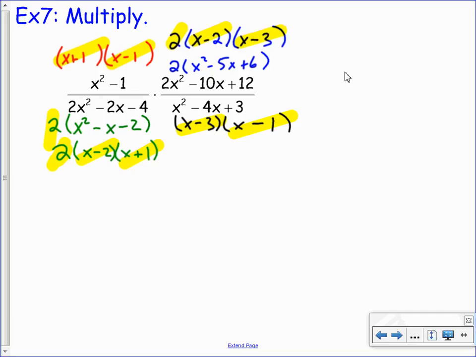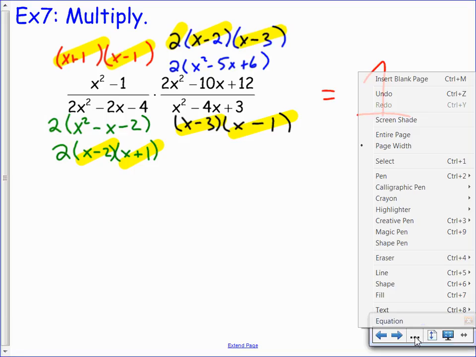What happens if everything cancels out? It is not 0. A number divided by itself is 1. All of that work for a big old 1. If everything cancels out, it's just a 1.